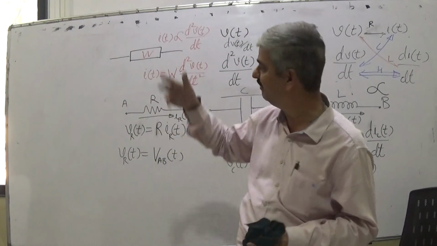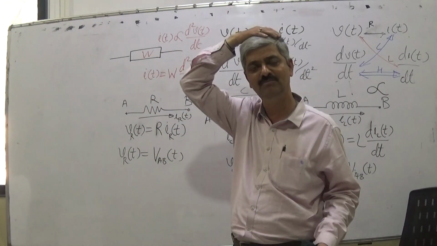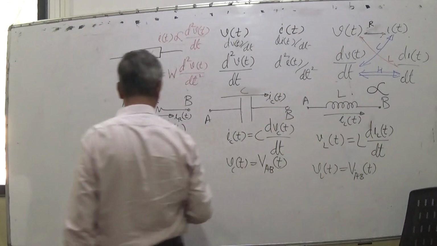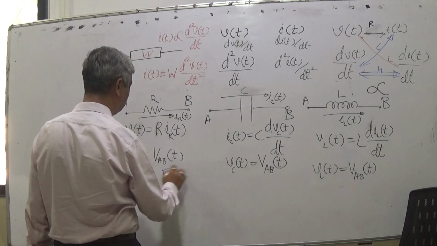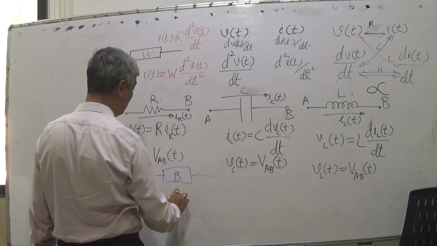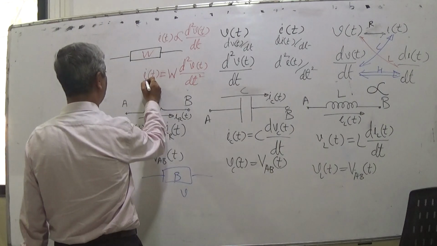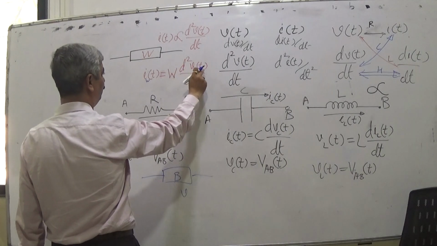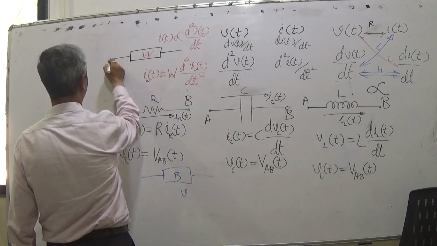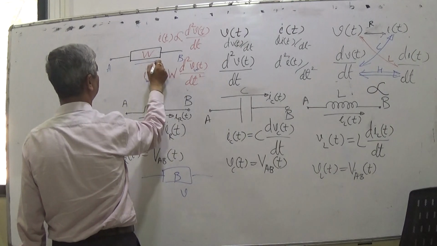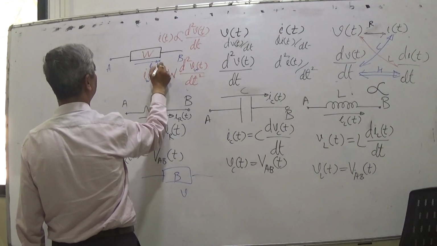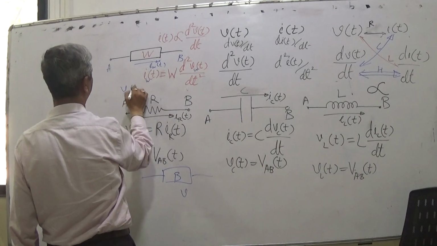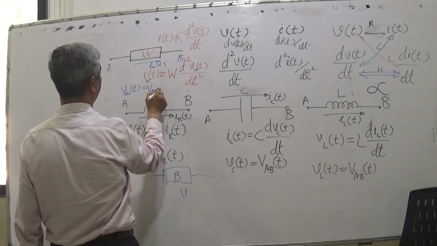So one may say W, one may say other one, one may give his own name, and then there may be one more device which is having name B. What is B? It is a device where iW(t) is equal to W into d2vW(t) upon dt square, where A and B are the terminals and this is the current iW(t) and vW(t) is equal to vAB(t).